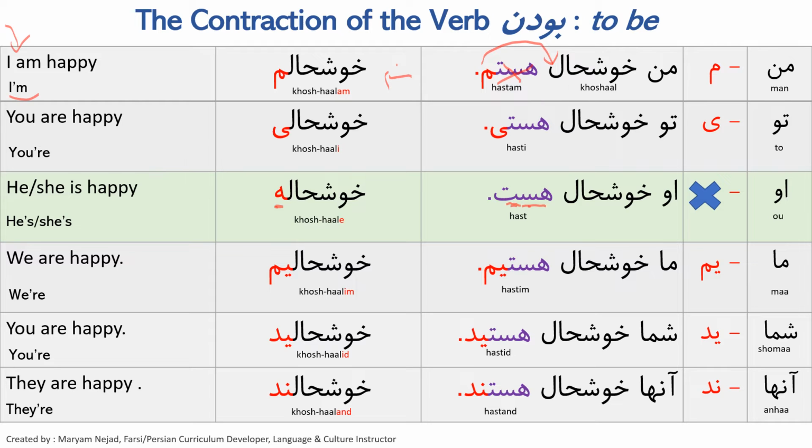So it's going to be او خوشحال هست becomes خوشحاله. Next one, ما خوشحال هستیم becomes خوشحالیم. And next one, شما خوشحال هستید خوشحالید. آنها خوشحال هستند خوشحالند.